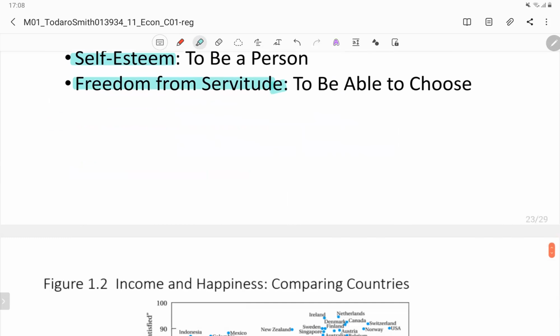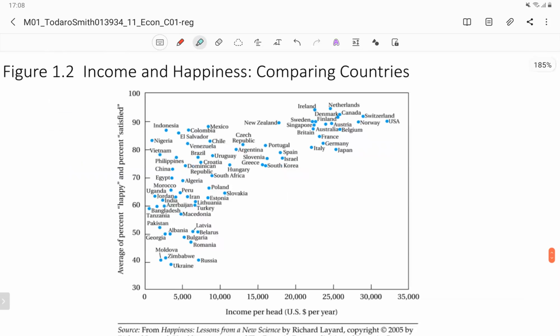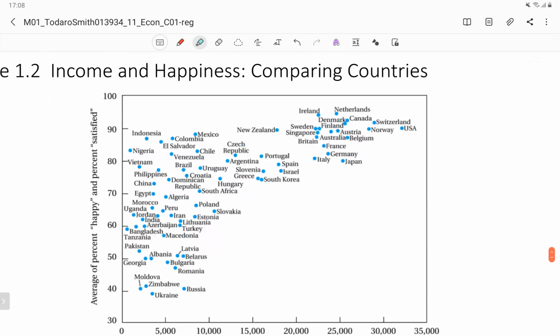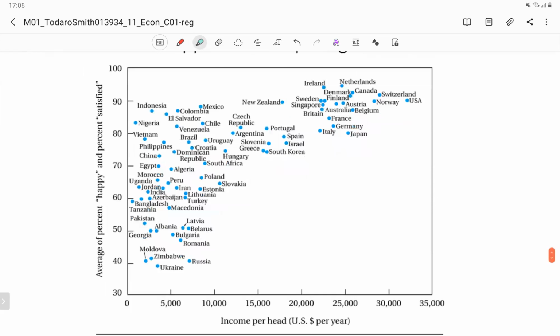This is an interesting figure here. This is a figure from Todaro's book. This is income and happiness comparing countries. In the y-axis, you can see the average person happy and person satisfied. So that's like the happiness index in the y-axis, and the x-axis is income per head, or income per capita.